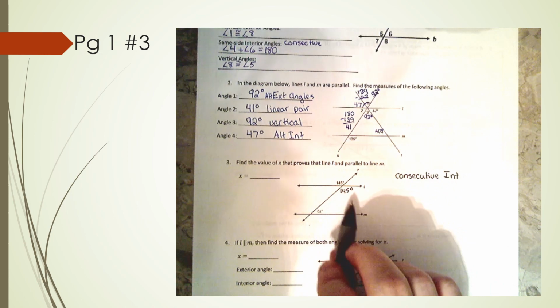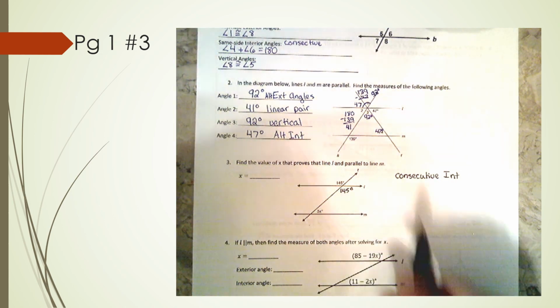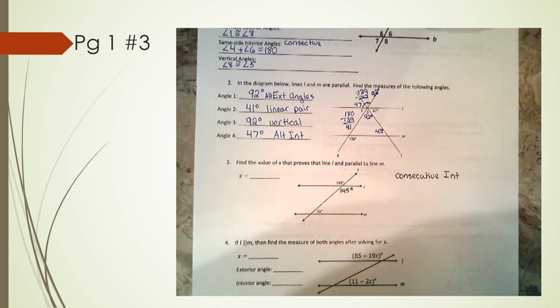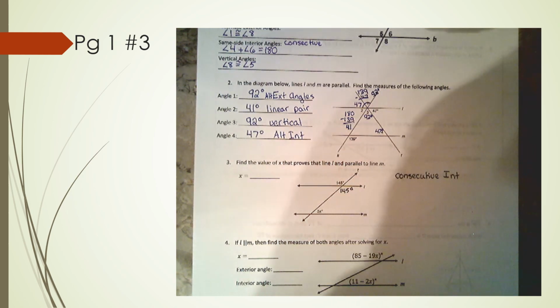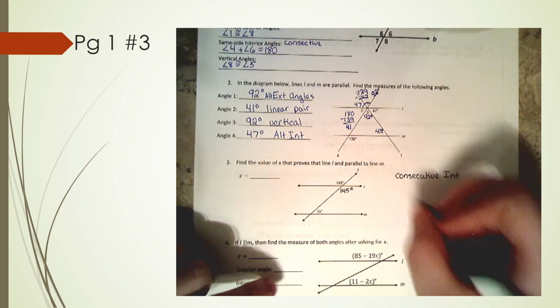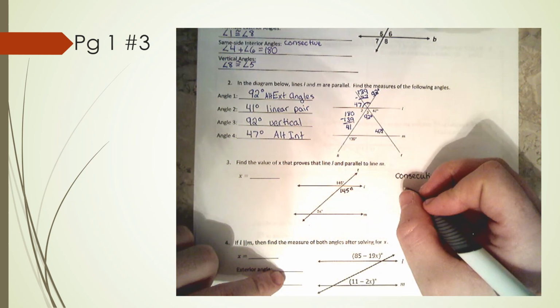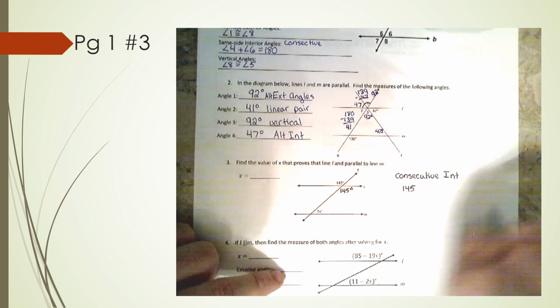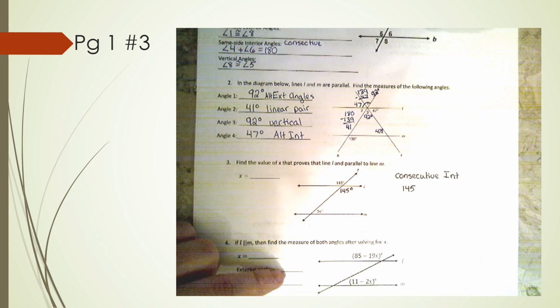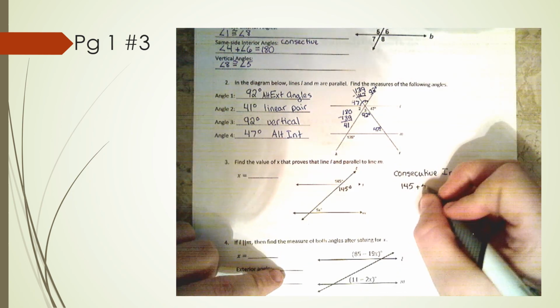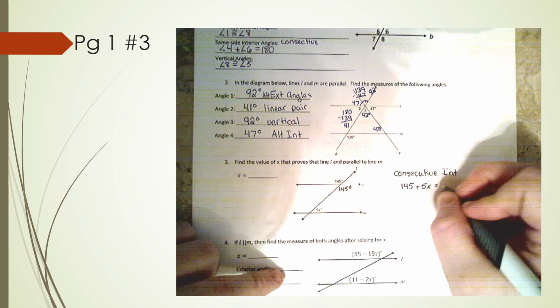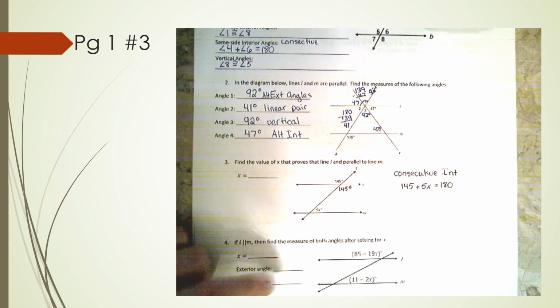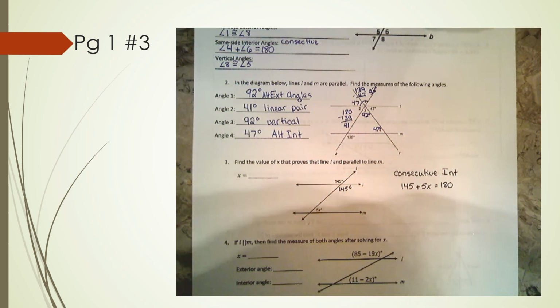So if this one is 145, this is 5x, and they make consecutive interior, it is supplementary, which means that they have to add up to 180 degrees. So the way I'm going to set this up, 145 plus 5x equals 180 because they have to add to 180.